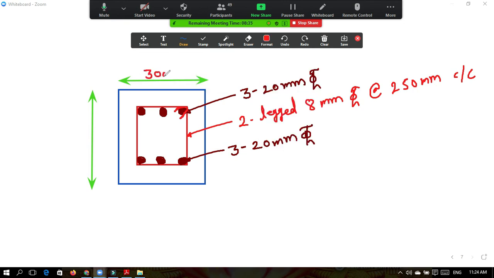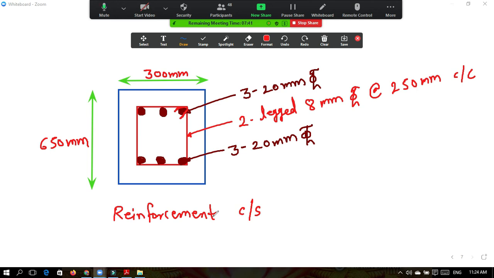This is 300 mm. So this is the cross section of the beam, the reinforcement cross section.